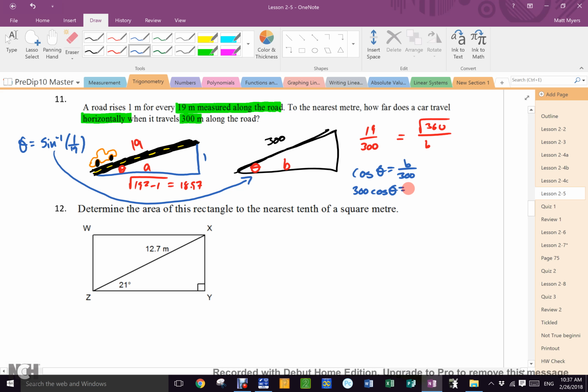What is it? Still got the same. 301.5. How can that be 301 if the hypotenuse is 300?